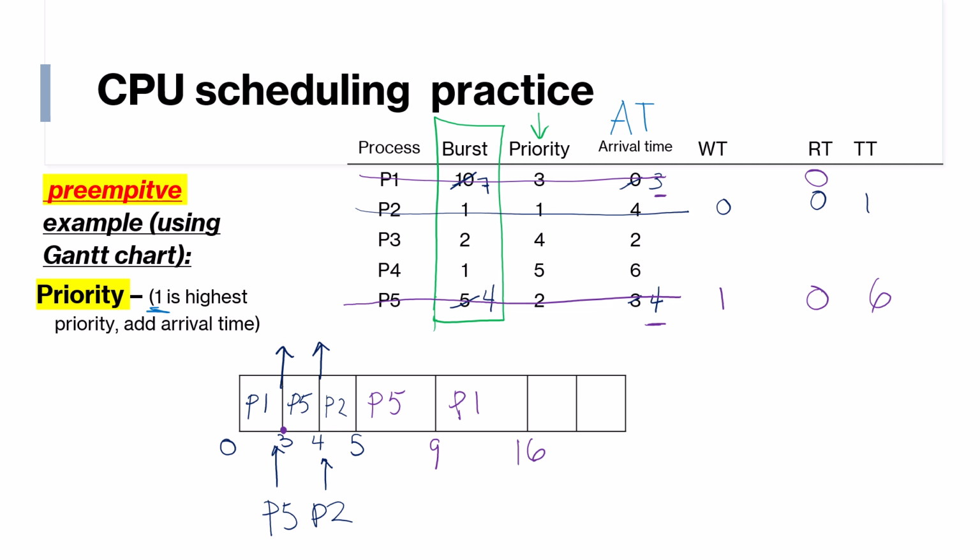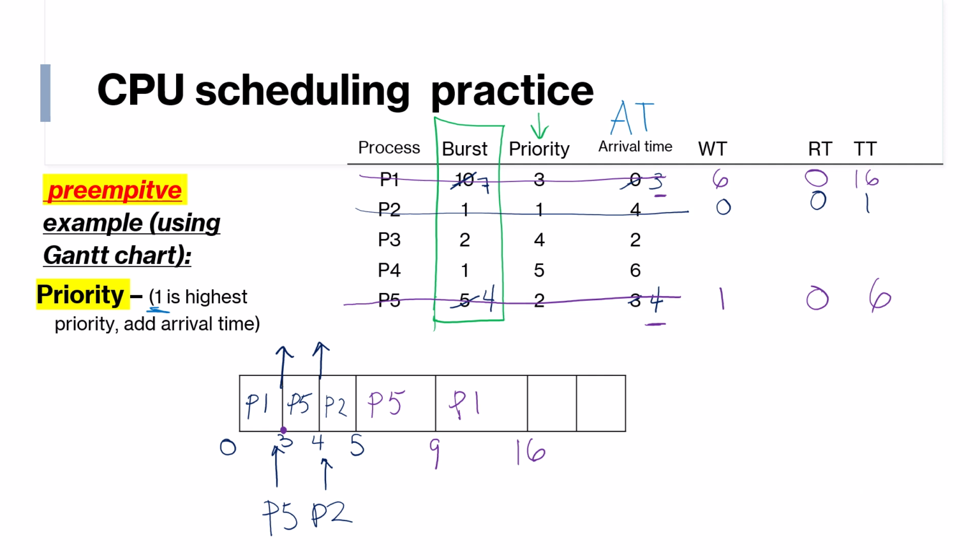P1's turnaround time is 16 because it arrived at time 0 and finished at time 16. And P1 waited from 3 to 9, so P1's wait time is 6. If you add up the wait time plus the burst time, it equals 16. So you can double check: P1's wait time is 6 plus the CPU time is 10, which equals 16.